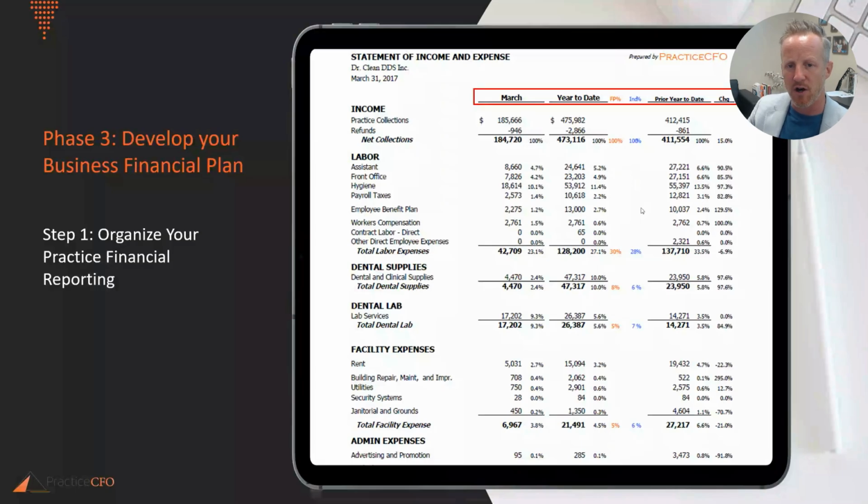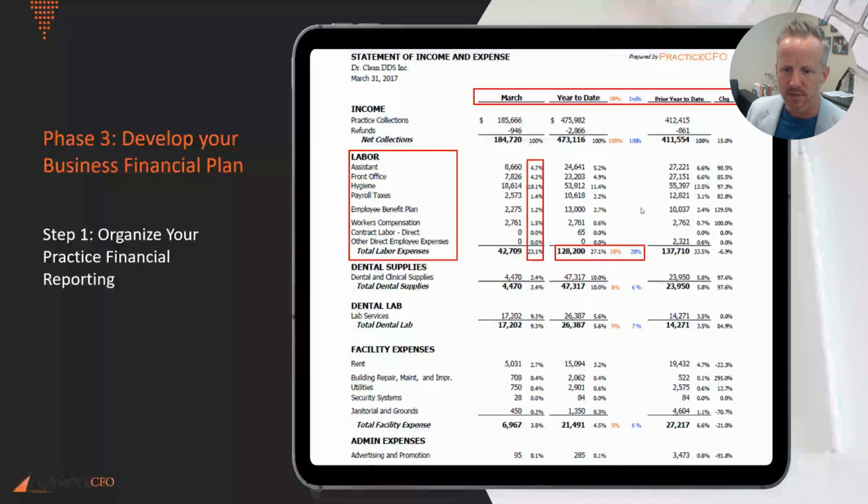But the other columns I have is I have a column for the month. I have a column year to date, so January through the end of the prior month. And then I have 2 percentages. And one percentage is showing what is the financial planning percentage goal. In other words, what is our percent allocation of income that we want to pay to labor?